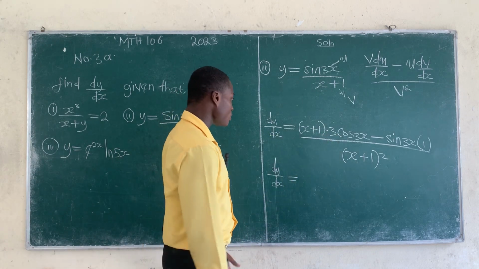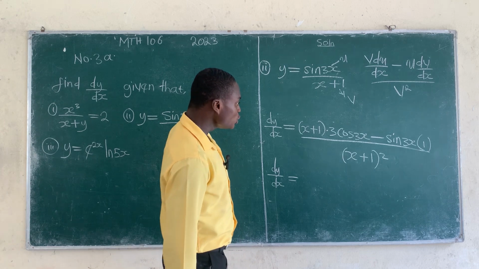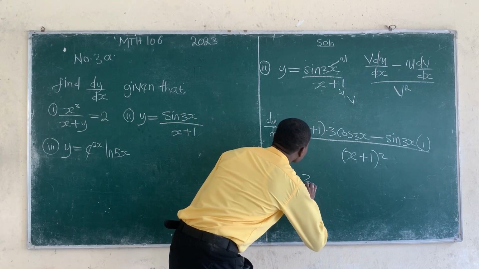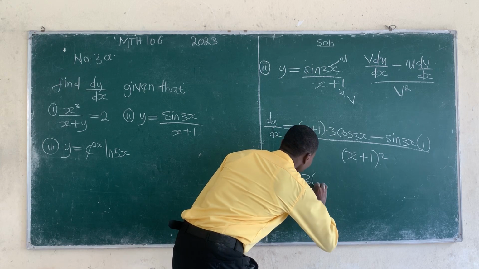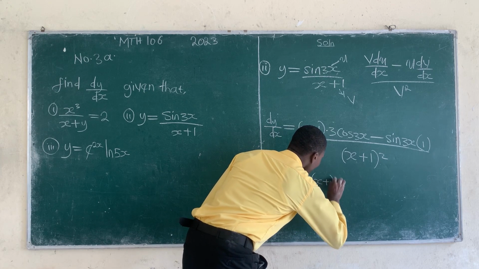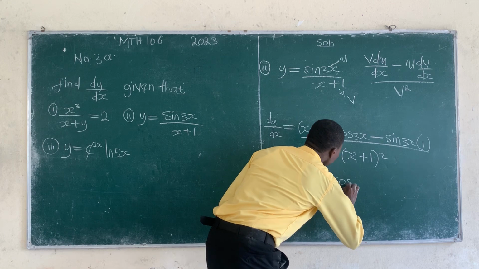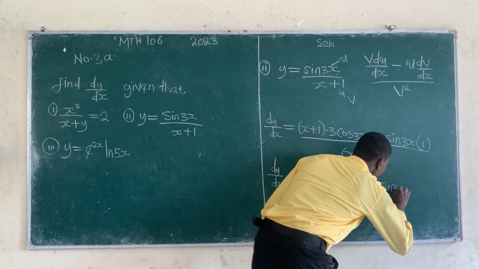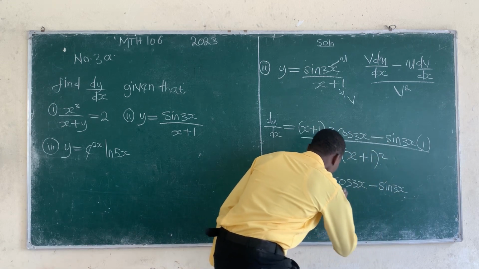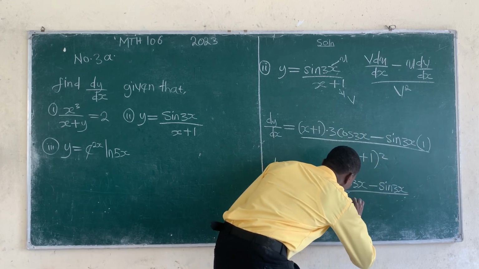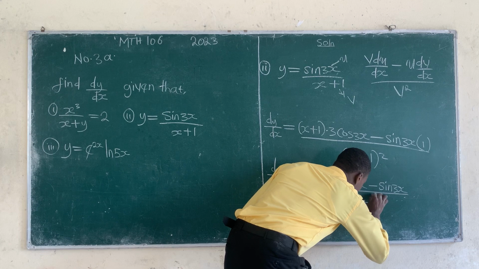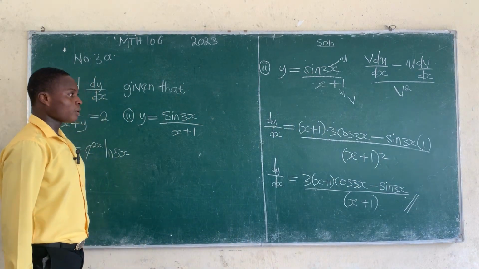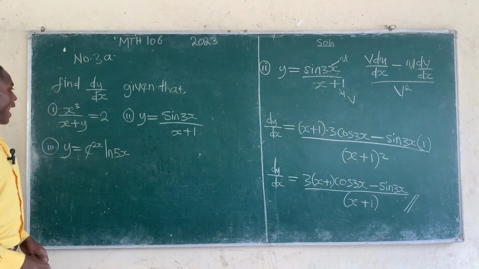Okay, let's write it in this form. 3 times x plus 1 cos 3x minus sine 3x, over x plus 1 squared. And that is the answer to that given problem. So let's move on to I.